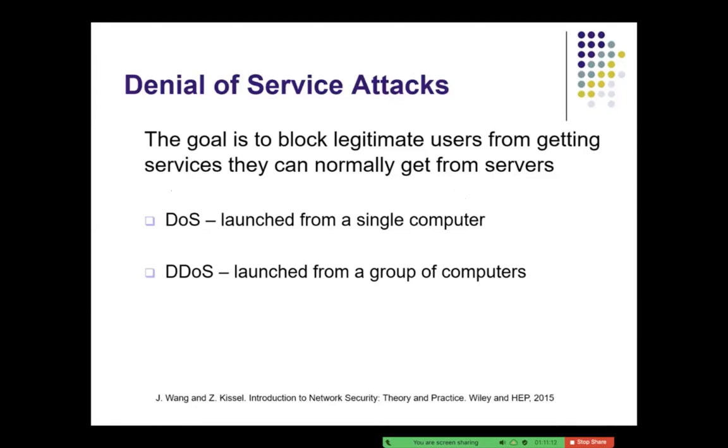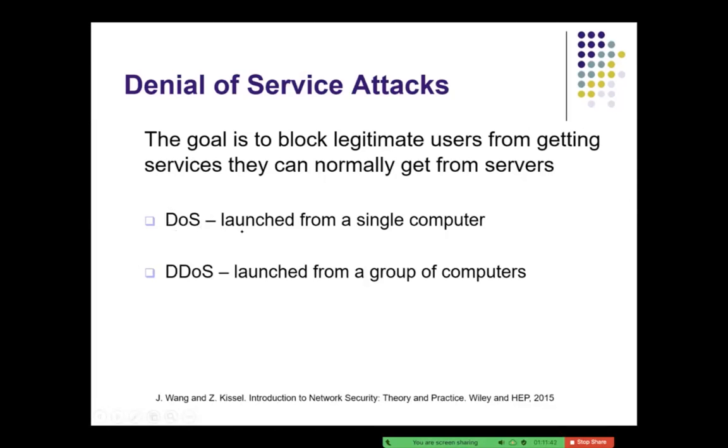The next attack is denial of service attacks. The goal here is to block legitimate users from getting services they can normally get from servers. There are two kinds of denial of service attacks. One is called DoS. The other one is DDoS, which stands for distributed denial of service attacks.